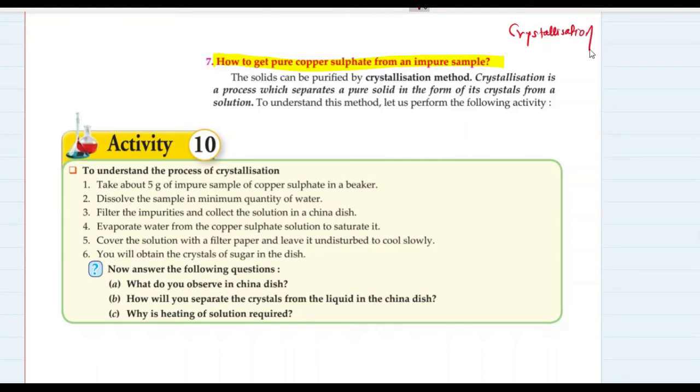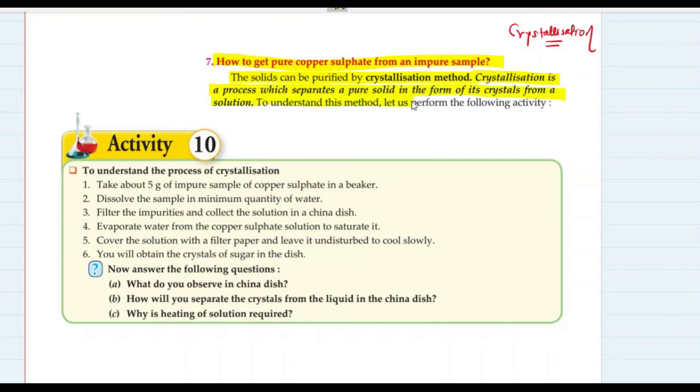The method of crystallization is useful for separating a solid component from a mixture of solid and liquid. And if there is an impurity, that will also be taken care of. The solids can be purified by the crystallization method. Crystallization is a process which separates a pure solid in the form of its crystals from a solution.